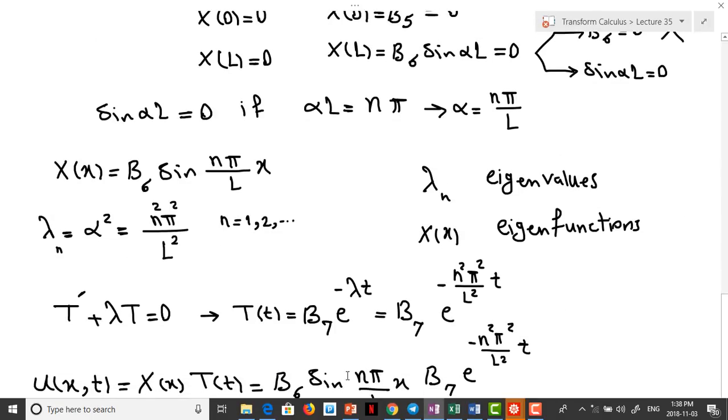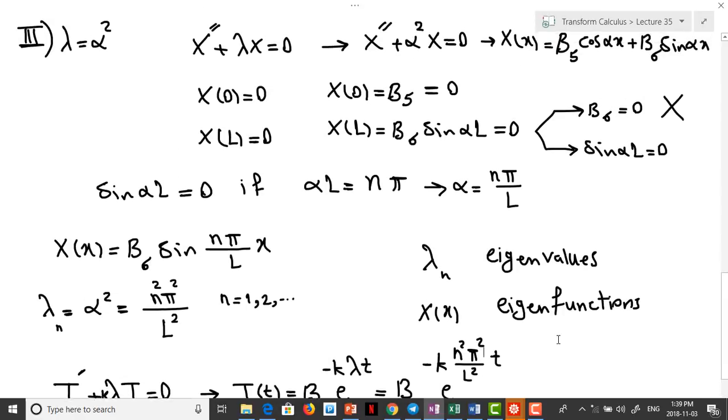So here we have minus k lambda, and here we have minus k n squared pi squared over L squared times t.